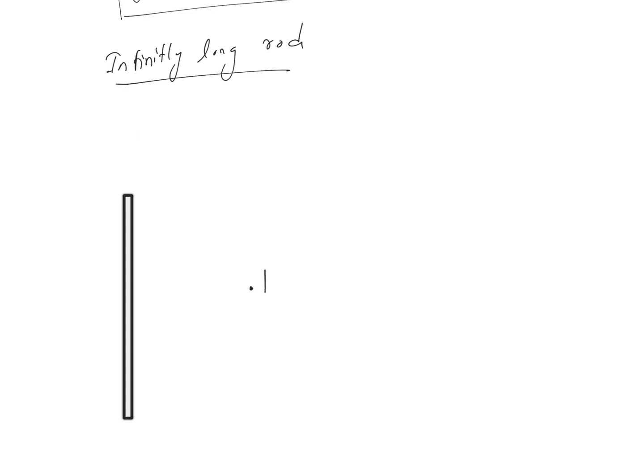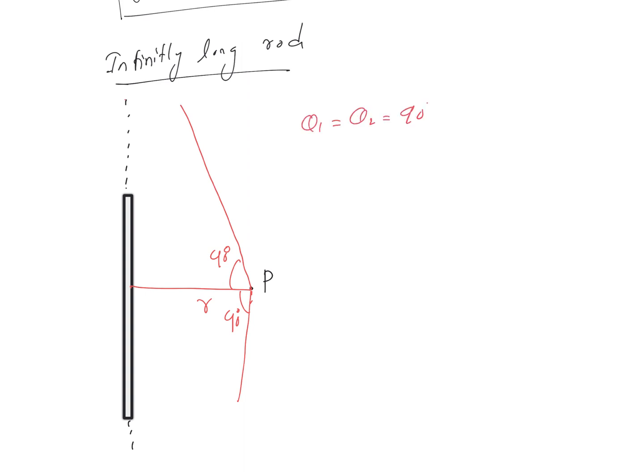If you are considering a point P over here, and the rod is extending up to infinity, and this point P is at a perpendicular distance r from here, if you draw a line from here to infinity which touches the end of this rod, then this angle is extending to 90 and this angle is also tending to 90. So we'll take the value of theta 1 equal to theta 2 equal to 90 degrees.